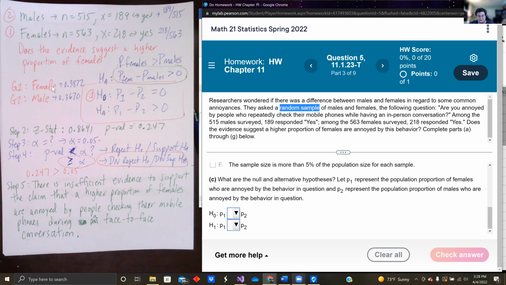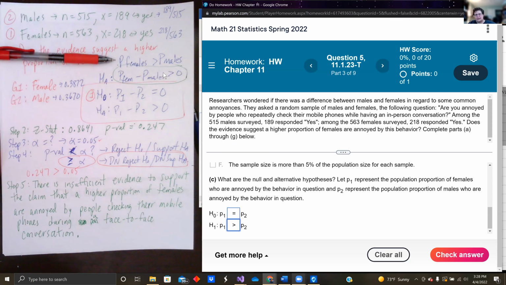That's what we have, so theirs should be set up exactly the same as mine. p1 should be equal to p2 for the base case, and p1 should be greater than p2, just like I've got written right here. The equal sign is always there for H naught, but I got females are greater than males, so that's what I'm going to put there.